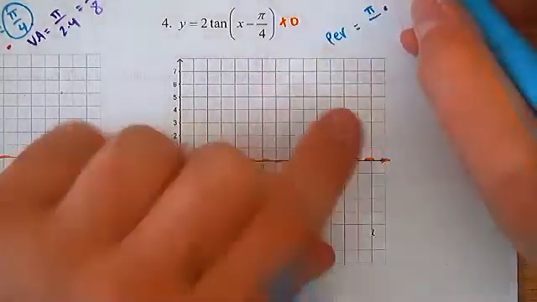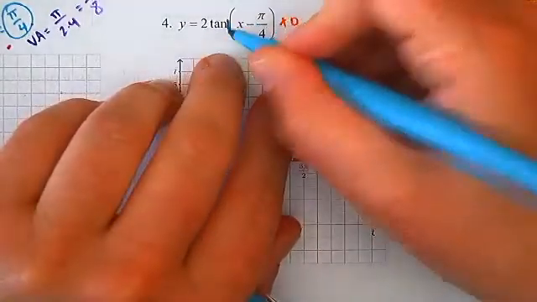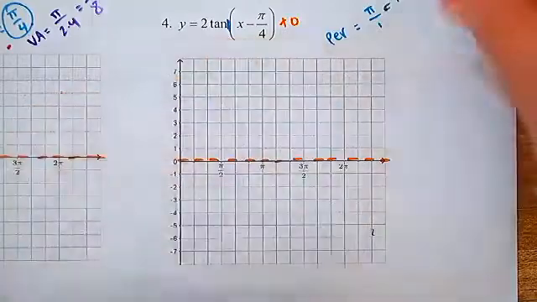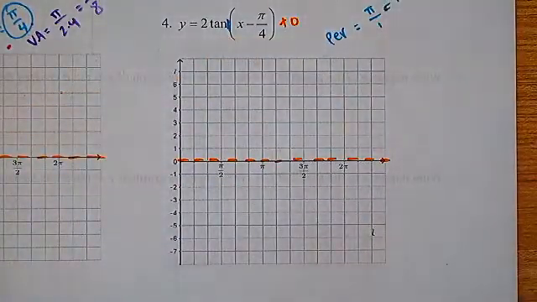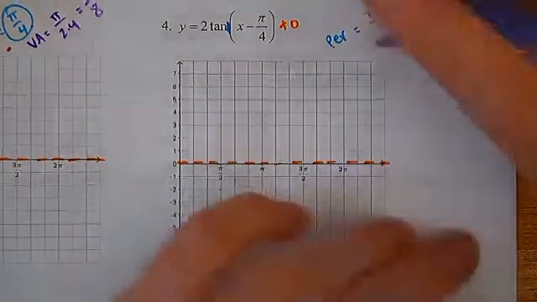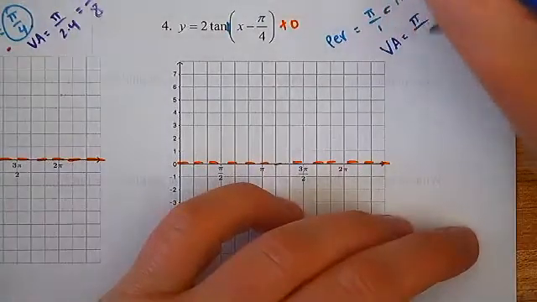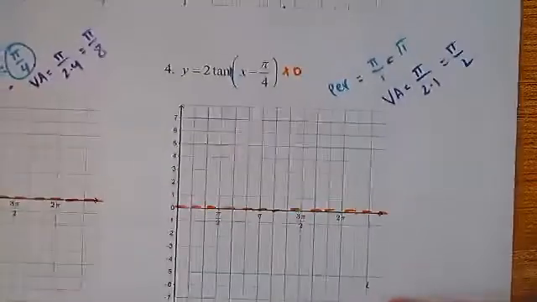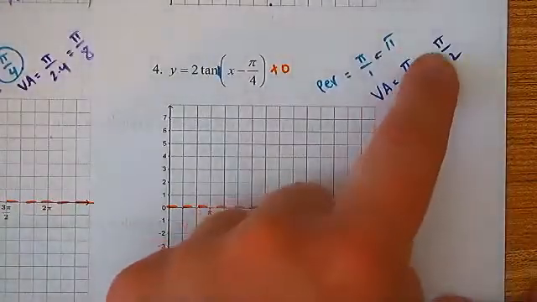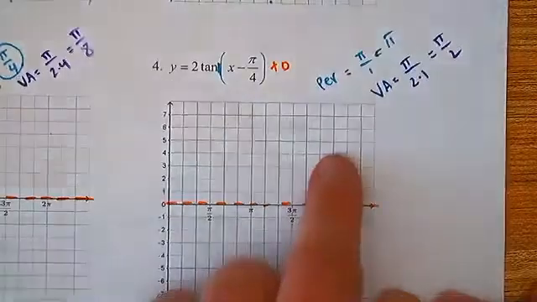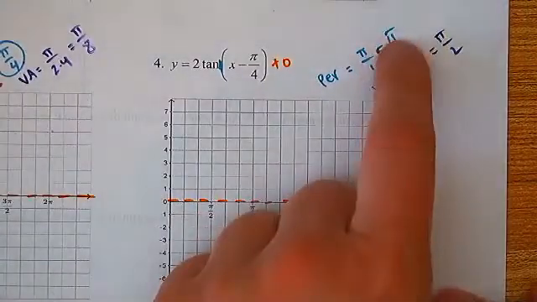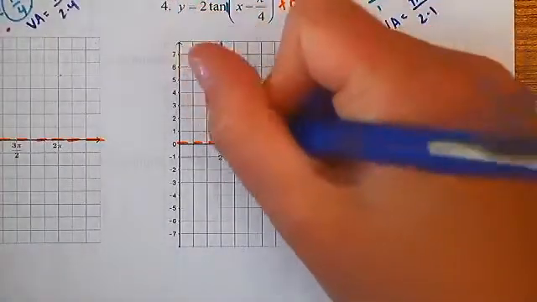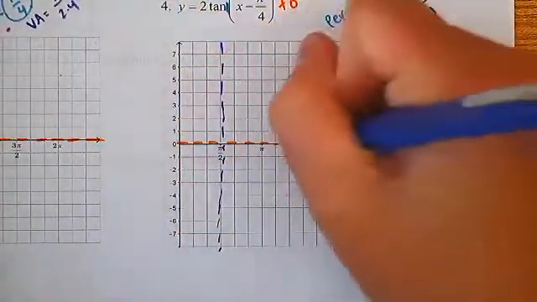So the B value is 1, so the period's just pi over 1, which is pi. And then your vertical asymptote is pi over 2b, which is just pi over 2. So your vertical asymptotes are going to lie at pi over 2 and then every other. And then your point on the midline is going to lie on that value. Okay. So here's pi over 2, every other.